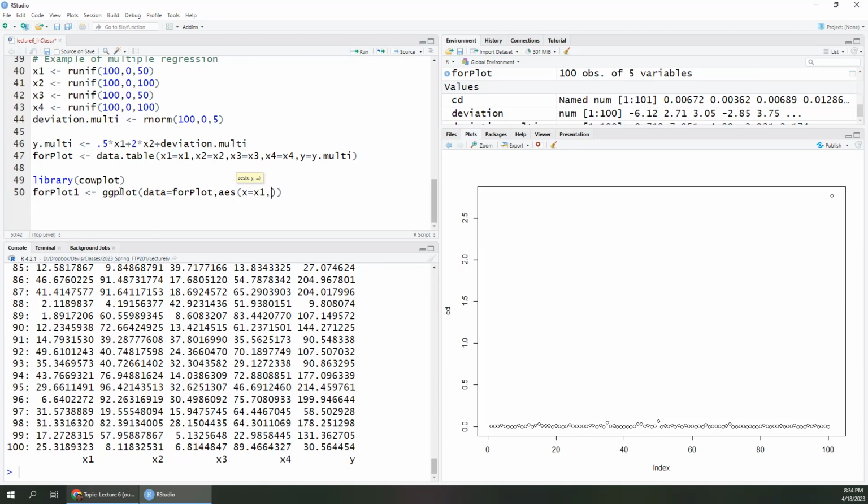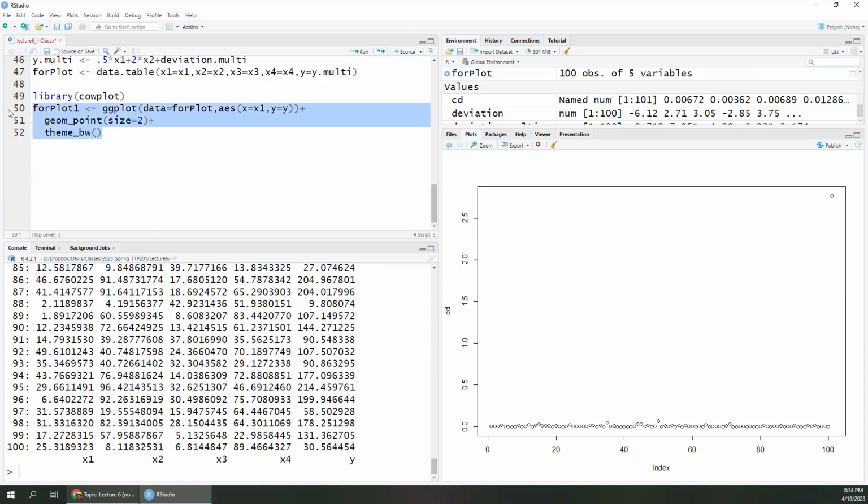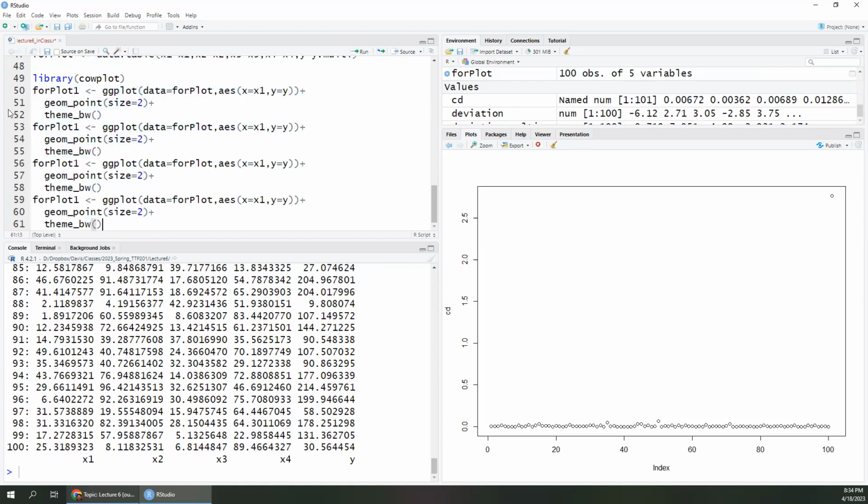And I'm going to plot each of the x's against the y. And we'll do slightly bigger points. Okay, so I'm just going to copy and paste this a couple times. So we'll have 4 of these plots, and the x's will all be different.